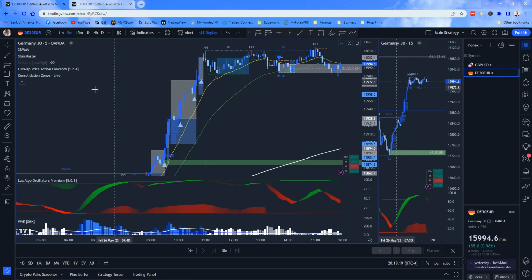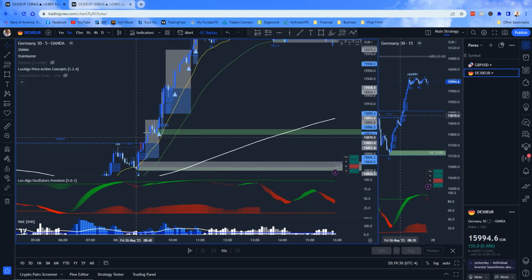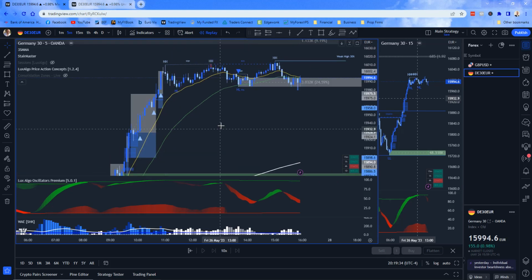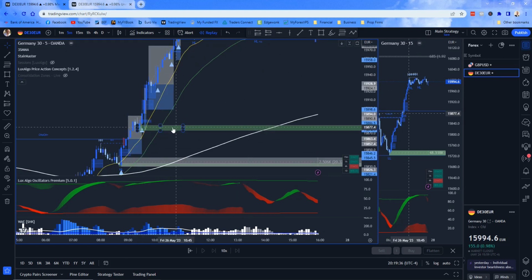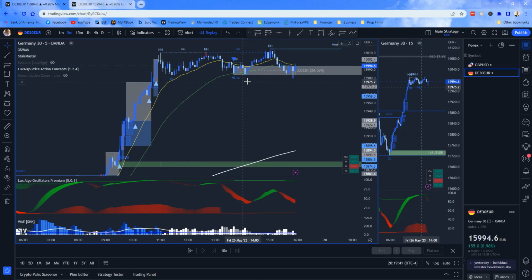To me, I don't use consolidation zones live at all. I don't have it on. I just prefer not to use it because I rely more on actual price action and market structure to help determine, in conjunction with the zones, how they break, whether it be supply or demand.